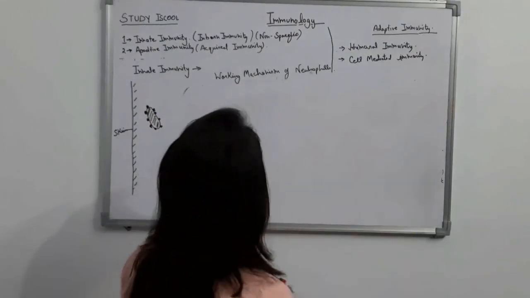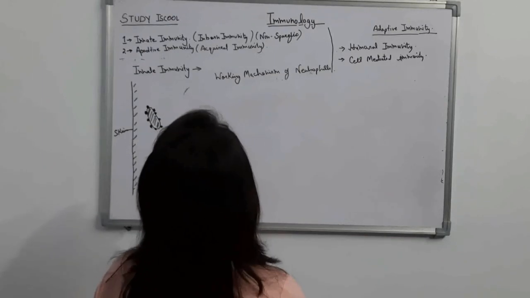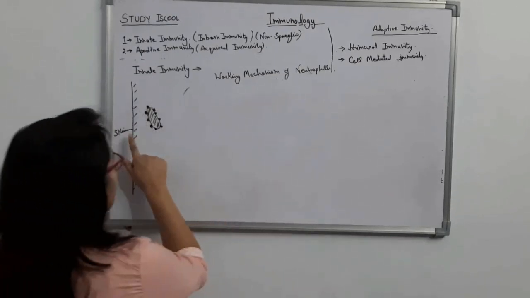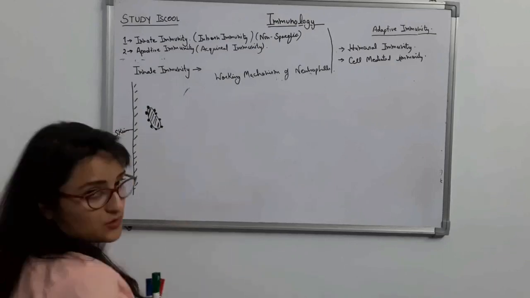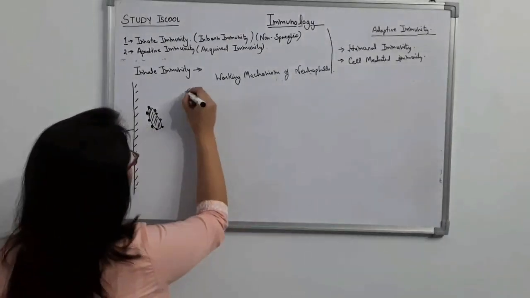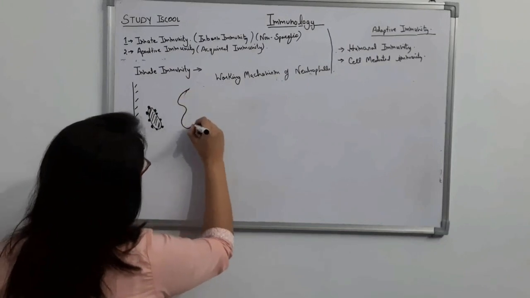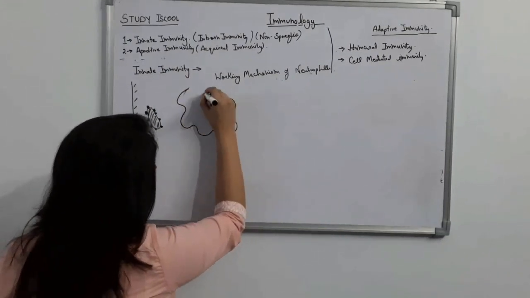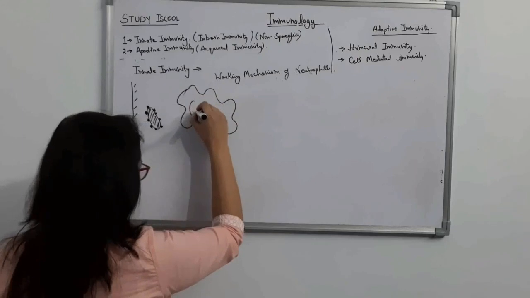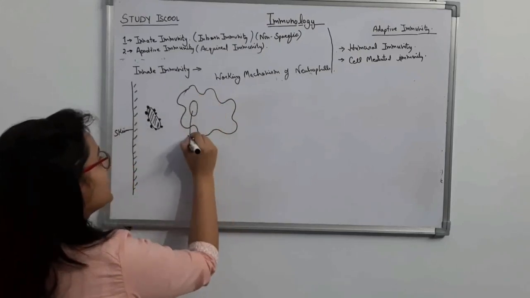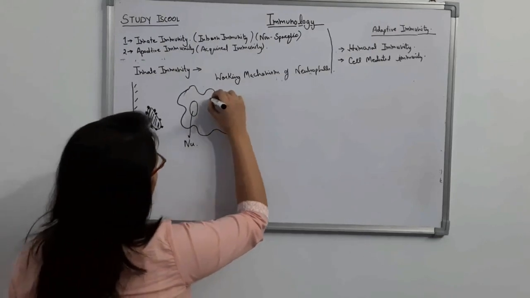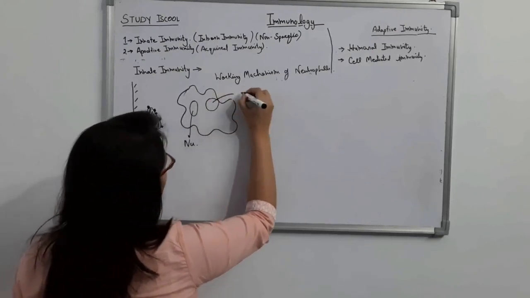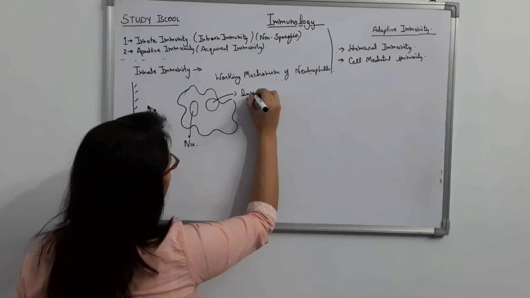So let's move towards macrophages. Suppose this is a gram-negative bacteria which takes entry inside our body. Now the macrophage comes. This is the nucleus. This is the lysosome.